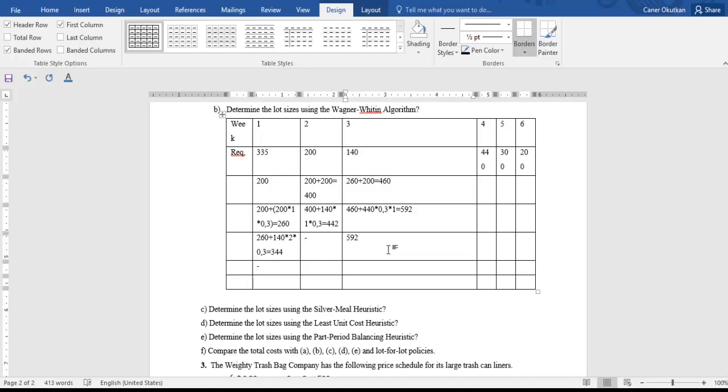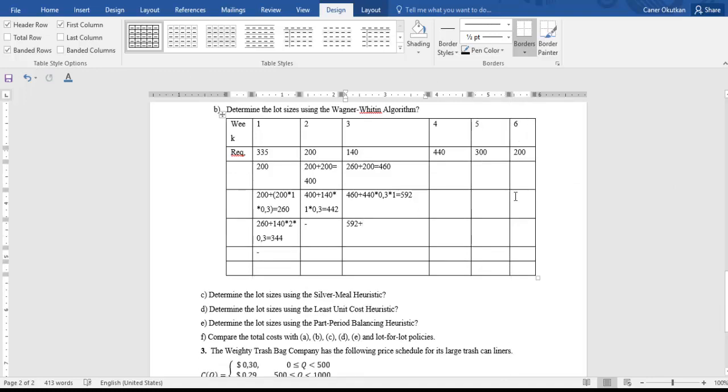And we continue plus fifth period 300 multiply 5, period third period difference of period 2, period multiply 0.3 equals 772.